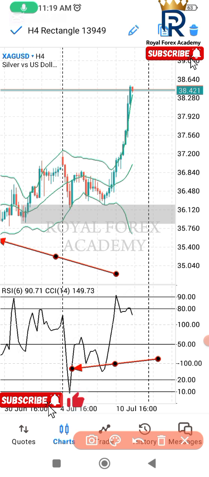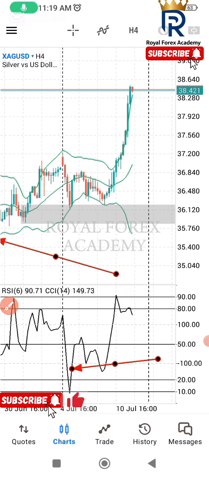So immediately price returned to this order block, remember price left the order block and returned back. So when price returns to the order block, that is where we are meant to make entry.